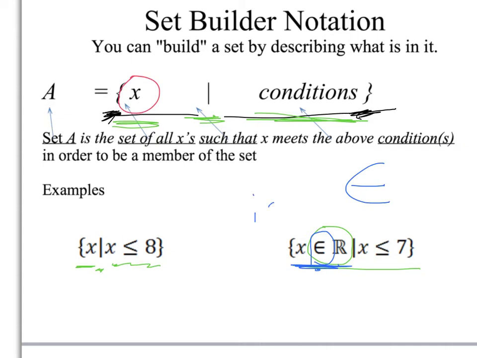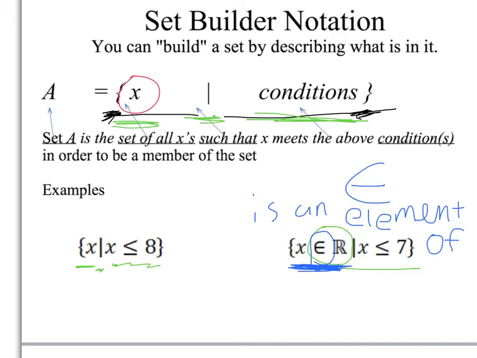So this says X is an element of the reals. And when I say element, that's just a fancy word for saying it is a number that I pull from the real numbers. Real numbers, again, include integers, but also numbers like decimals and fractions and irrational numbers. Okay. So reading this whole thing, I would say X is an element of the reals such that X is less than or equal to 7.